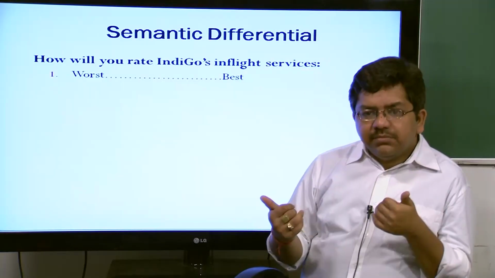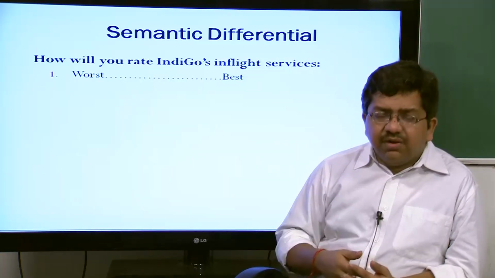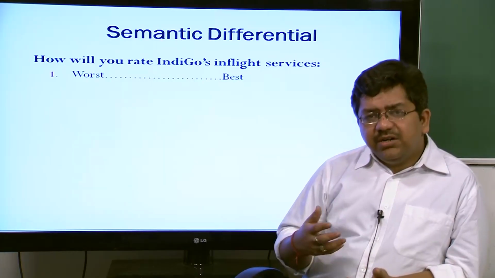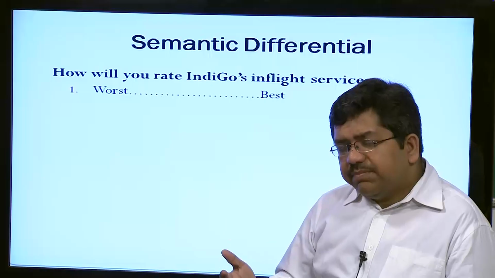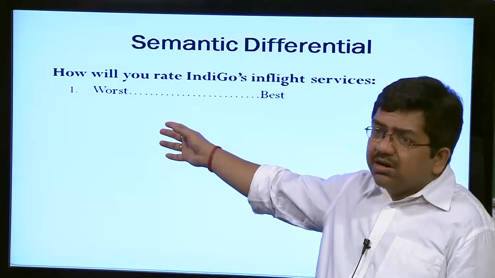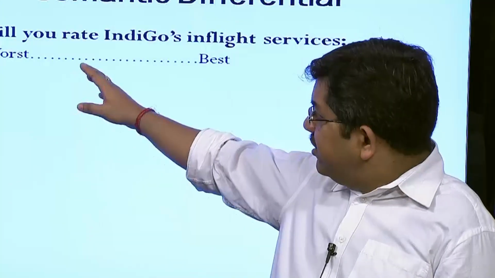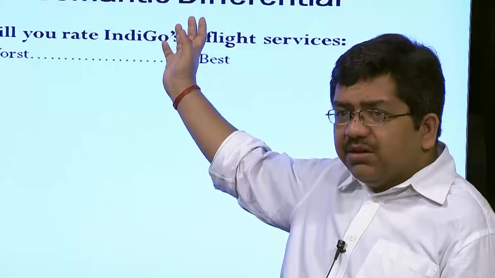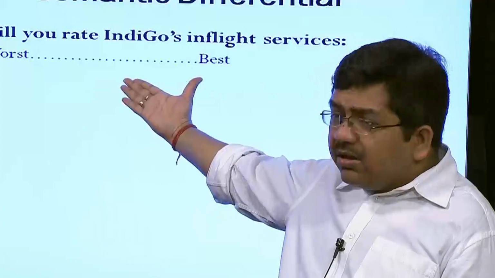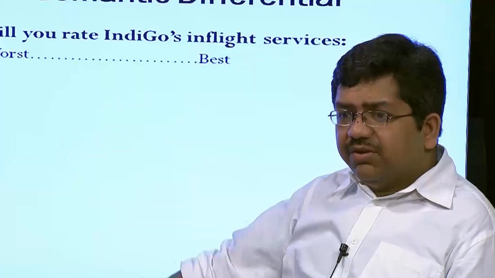If I ask you how will you rate Indigo's in-flight service, or how important to you is a particular kind of in-flight service, your answer could be on this kind of a scale, whether you rate Indigo service from worst to best based on your experiences and your assessment. You will see that the end points or the extreme points are diametrically opposite in terms of their wordings.